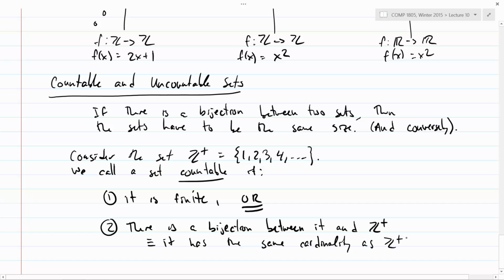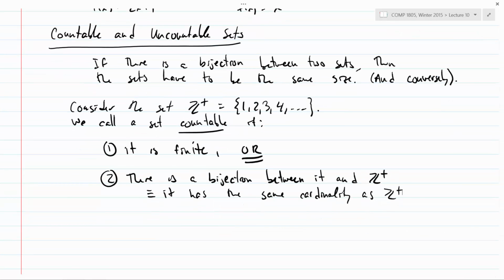And the reason we call it countable is because if you were looking at the elements of the set in order, you'd be able to say, oh, that's element number 1, that's element number 2, that's element number 3, that's element number 4, and so on. Okay, that's why we call it countable. And that idea brings up another way of thinking about it, and that is that you can list the elements in order.